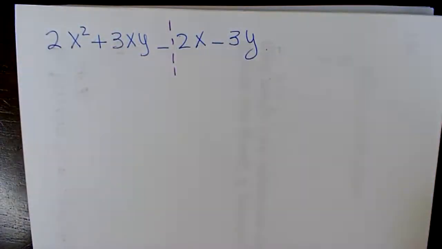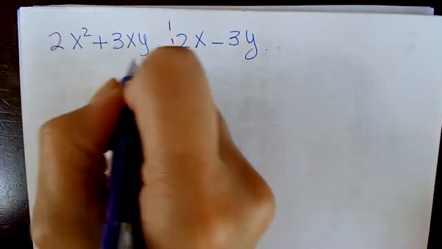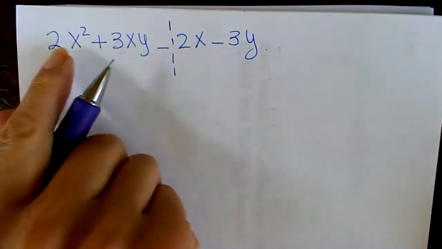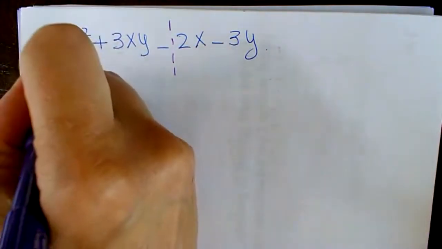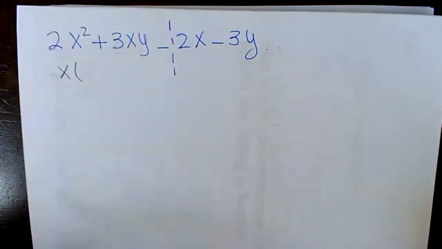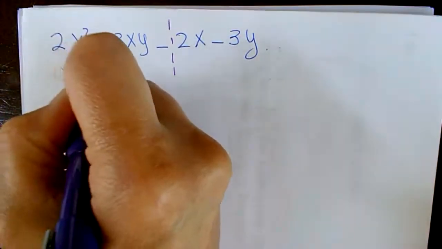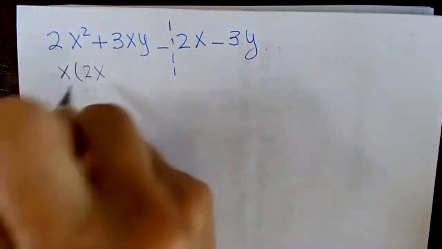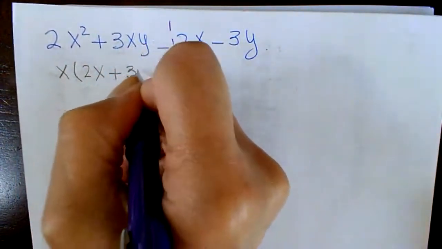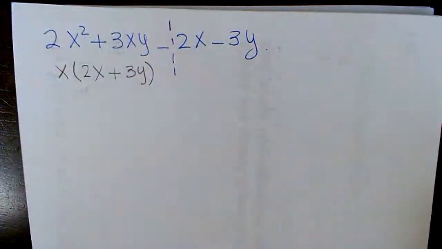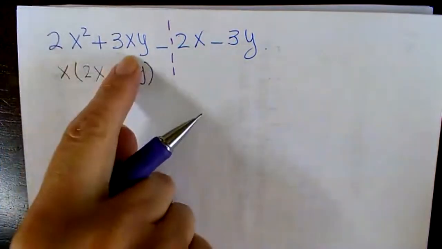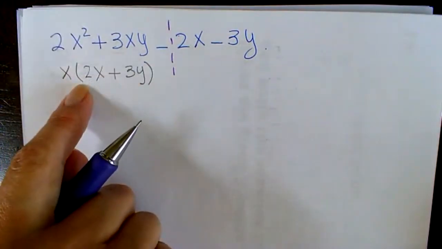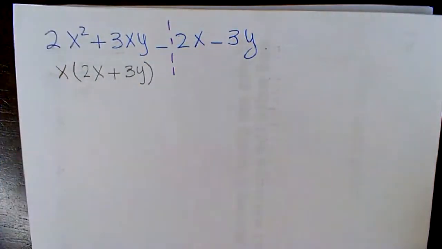So we're going to divide it into groups. What's my greatest common factor from here? Just the x. What do I have left? I have the 2 and 1x, and I have the 3y. We're okay with factoring, getting the greatest common factor out, right? We're okay with that?